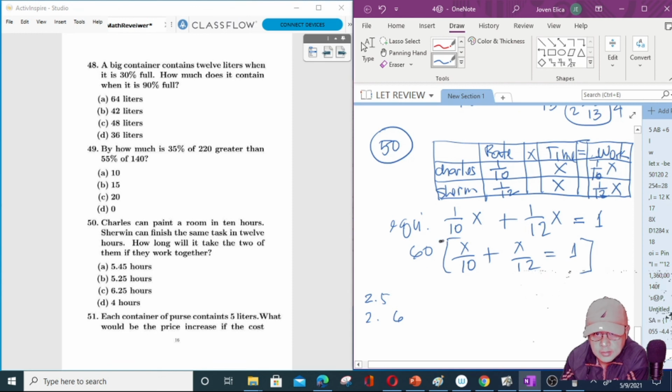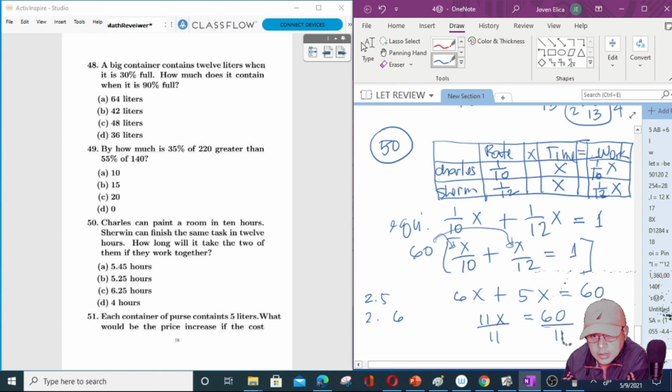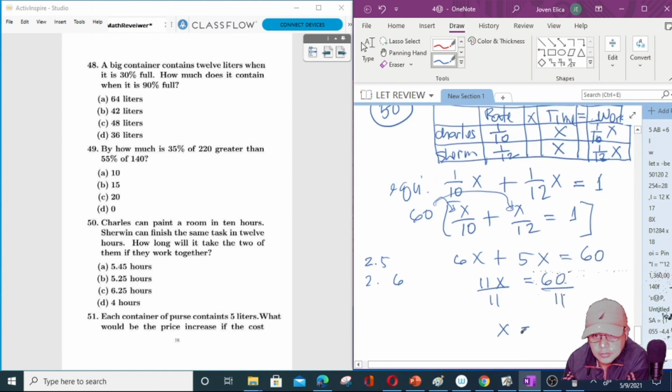So 60, distribute. 60 times x/10: 60 divided by 10 is 6, so 6x plus 60 multiplied by x/12: 60 divided by 12 is 5, multiplied by x, equals 60. So 11x is equal to 60, divide both sides by 11. x is equal to 60 divided by 11, which is 5.45.